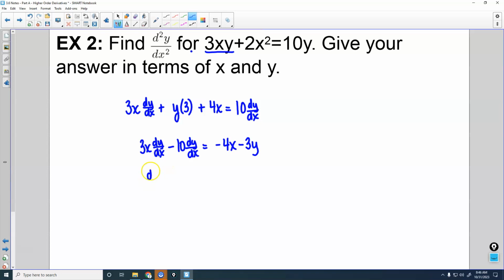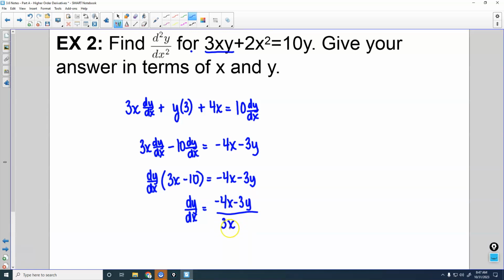We will factor out our dy/dx, which will be a 3x minus 10. So our final derivative should look something like this: negative 4x minus 3y over 3x minus 10.